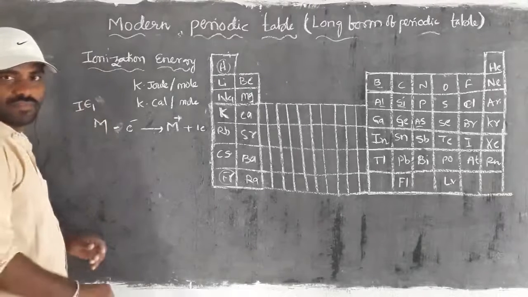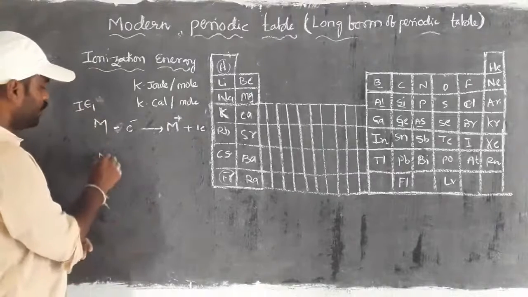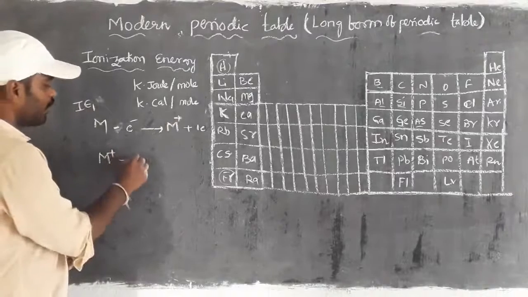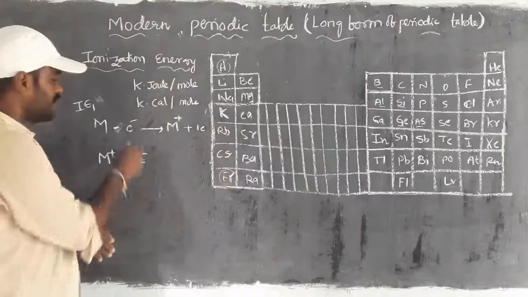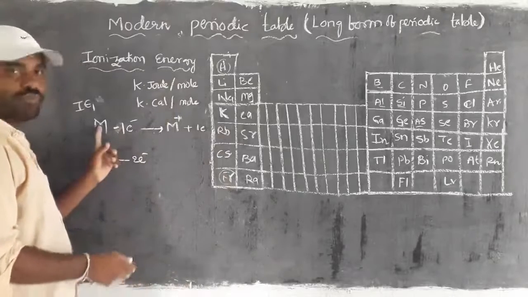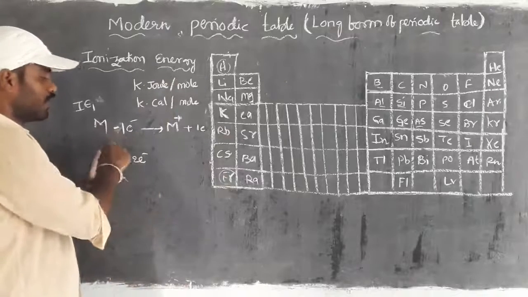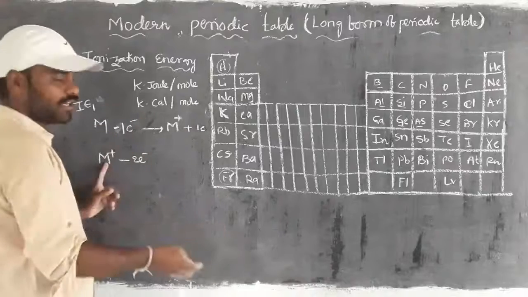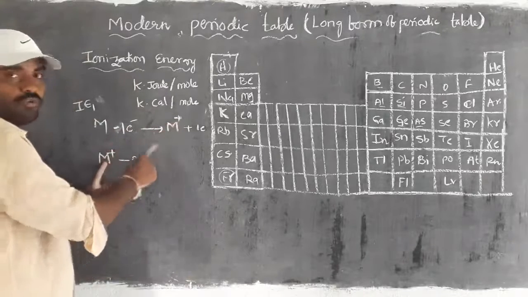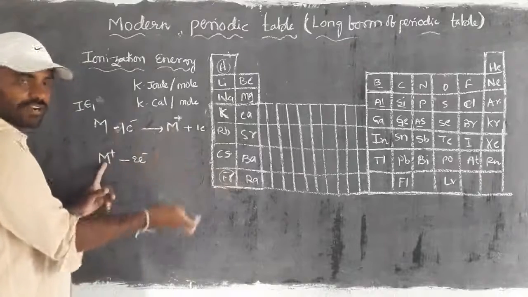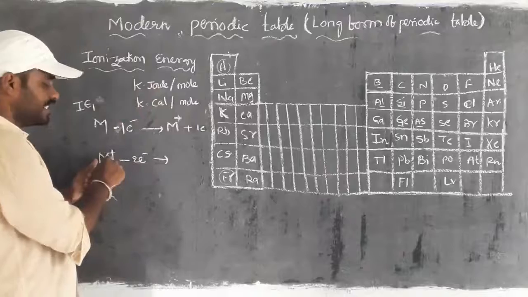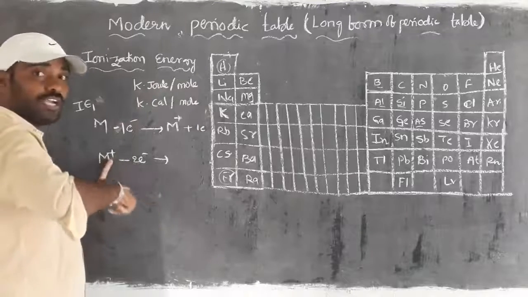We call it IE1. Then if you take the same positive species and remove one more electron, this is the first electron, this is the second electron. The first electron is removed from the neutral atom. Then the second electron is removed from the positive species, and here I need more energy because it is already positive.